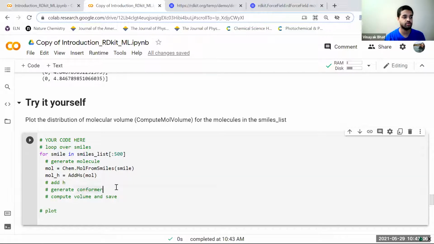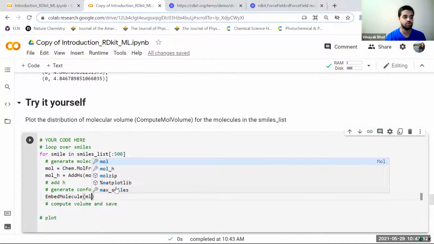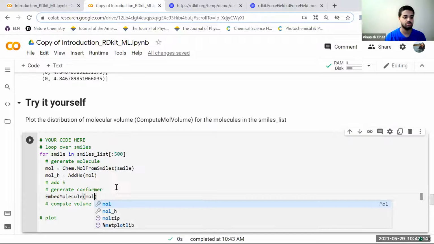I did that part above, and then embed molecule on the H molecule.